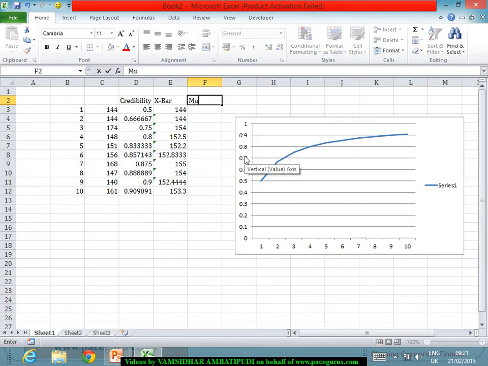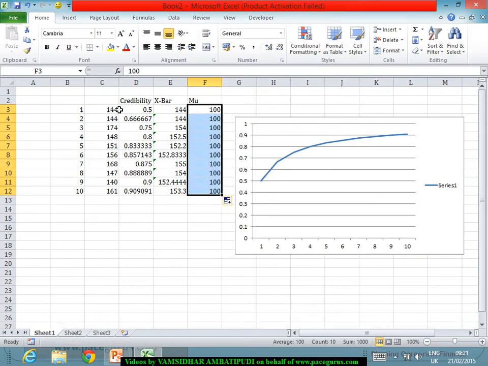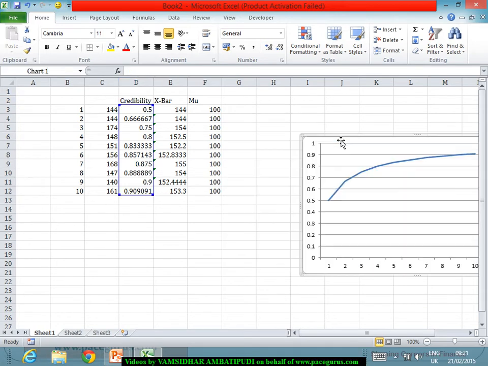And my mu in all these periods is going with the gamma distribution alpha by beta. So the mu in all these cases is 100 only. Because this is my credibility factor, I can very well give my estimated value.